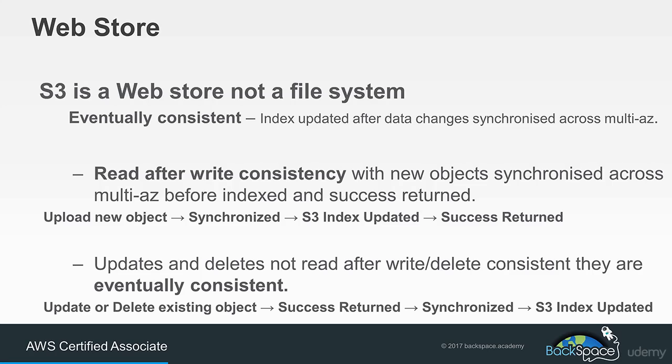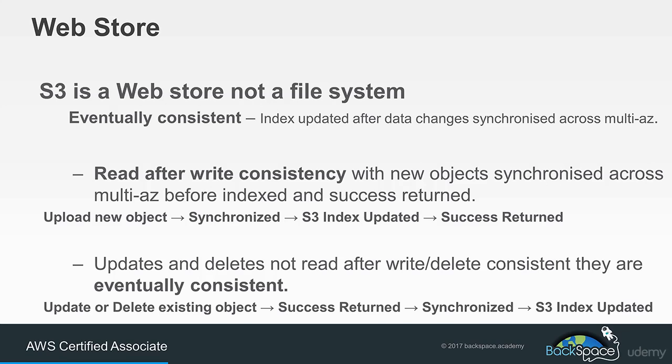So an API call will be made to upload a new object to Amazon S3. That object will be uploaded, then synchronized across multiple availability zones. After that has occurred, the S3 index will be updated. And then once the S3 index is updated, a success callback will be returned from that API call. That's what we mean by read after write consistency. It won't give that success call until the S3 index has been updated.